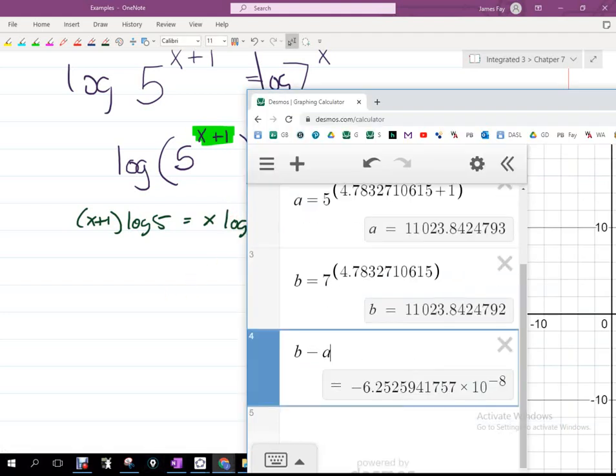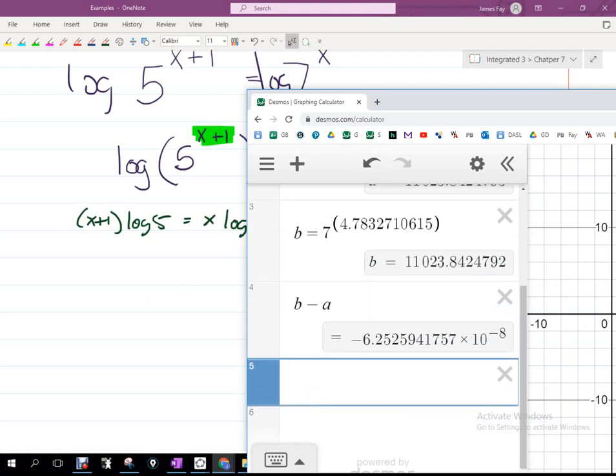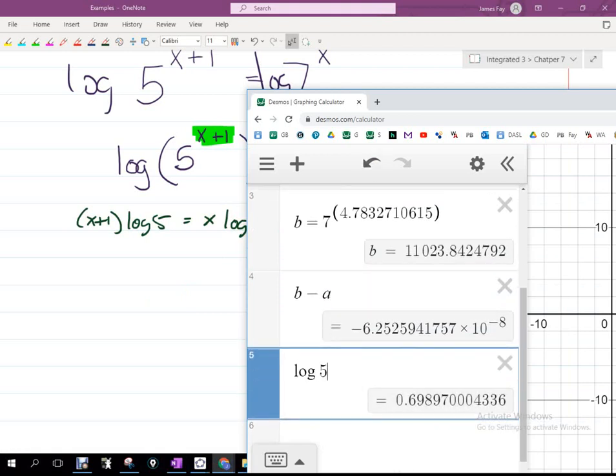We can go ahead and say, okay, well, what is log 5? It's that number right there, okay?